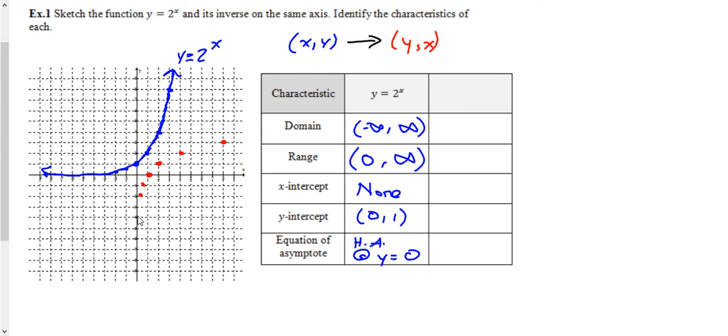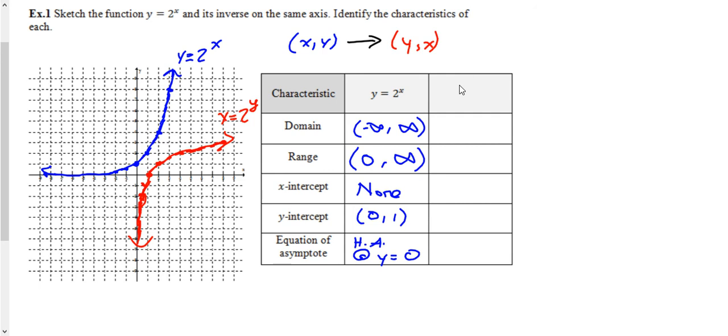So I'm just going to run down this y-axis here. Looks like we won't be crossing that y-axis. We're going up and we're going to try our best to curve through as many of these coordinates as possible. And there we go. Arrowhead, arrowhead, and so let's write down our equation. So this was the inverse graph, so this is really x = 2^y, so that's the inverse, so we're just switching all our x's and y's around.